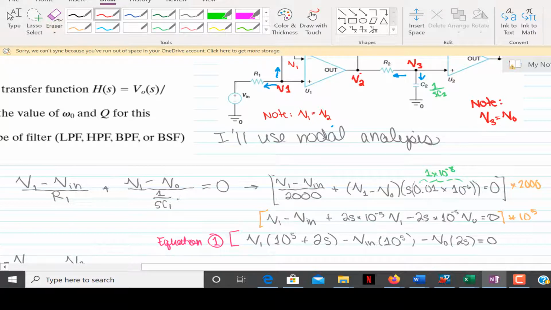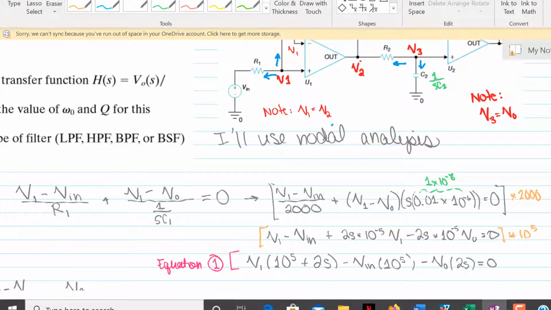Again, instead of dividing by a fraction, I multiply by its reciprocal, so that V1 minus V0 was multiplied by s times that. Then I multiplied first by 2,000 to clear fractions, and I didn't want to deal with negative exponents, so I multiplied everything by 10 to the 5th as well. Then I grouped the V1 terms together, and there was a Vin and a Vout.